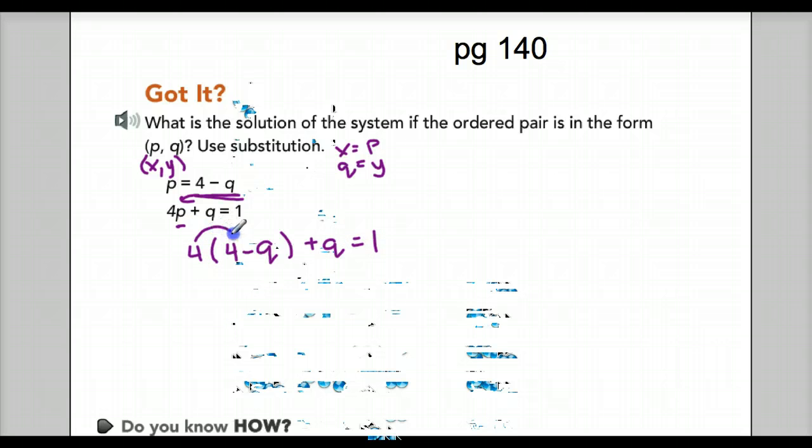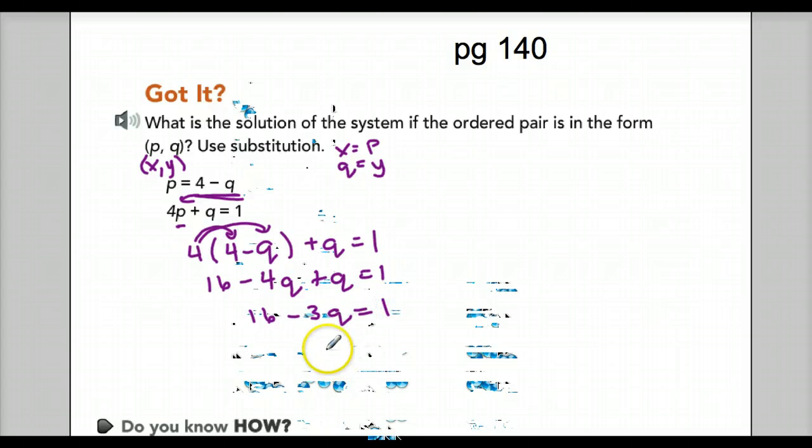So now we distribute. We get 16 minus 4Q plus Q equals 1. Now we combine like terms, so we get 16 minus 3Q, because negative 4Q plus Q is negative 3Q, equals 1.